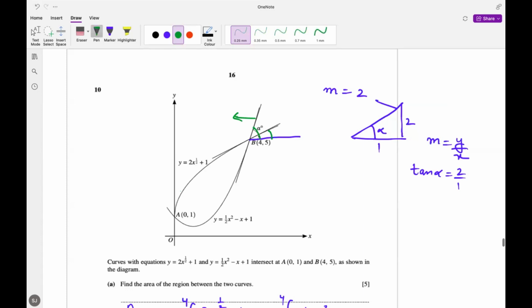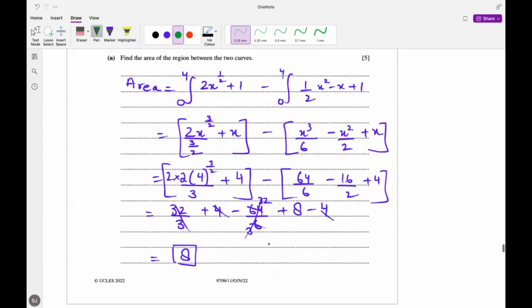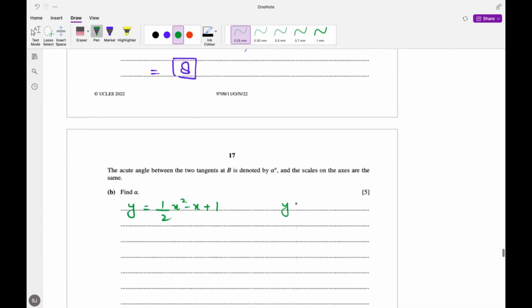So first we'll find the angle made by this tangent and then find the angle made by the tangent to the curve 2x to the power half plus 1. And then once we have these two angles that they make with the horizontal, we'll subtract them to find the angle alpha. So the other equation is y equals 2x to the power 1 upon 2 plus 1.